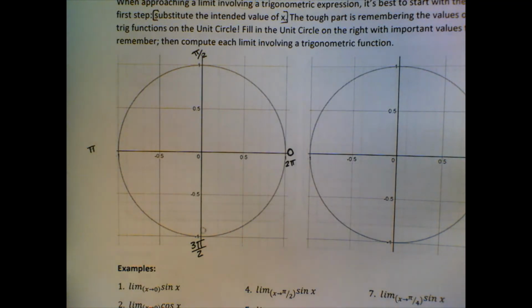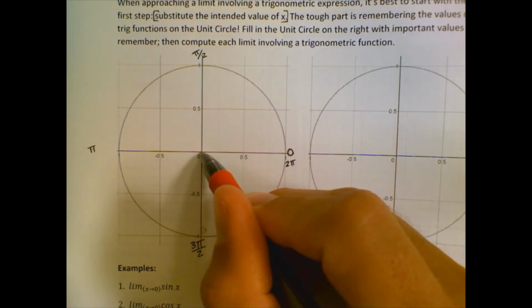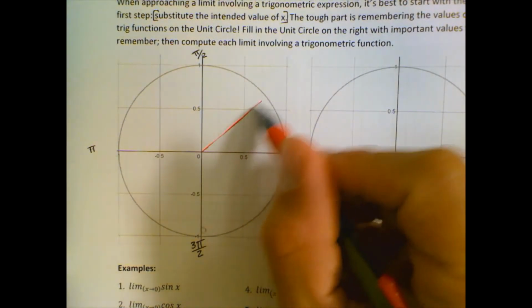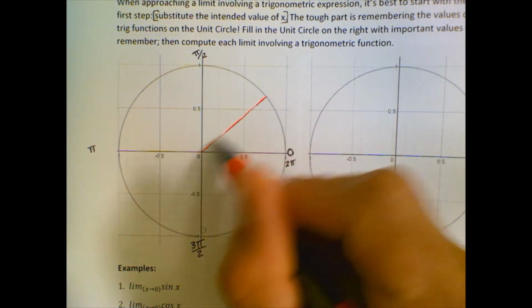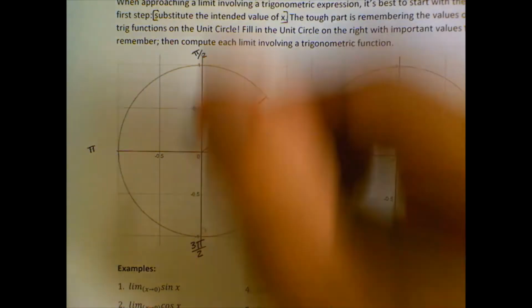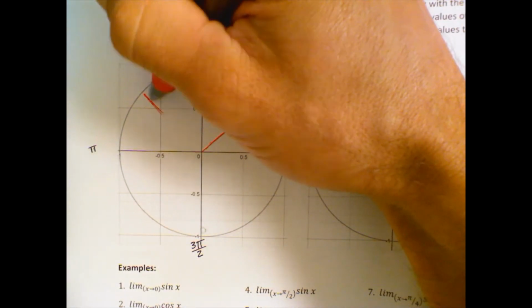Okay, so what I want to do is split this in half so that you can start considering how to use the unit circle effectively. So I'm going to cut this one in half, and again that's a fourth, and then this will be another fourth of the circle.